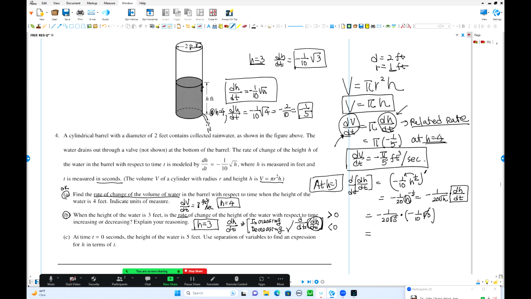So just before we got negative, but this is actually positive, 1 over 200 square root 3. So the second derivative is positive, and the first derivative is increasing. Increasing is correct. I'm sorry. Because the second derivative is positive, the first derivative is increasing.